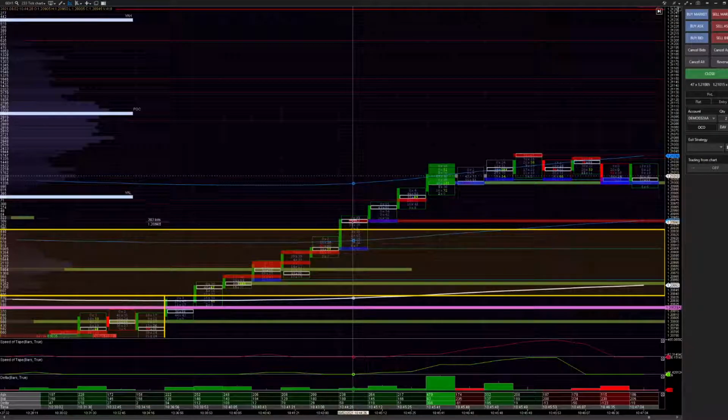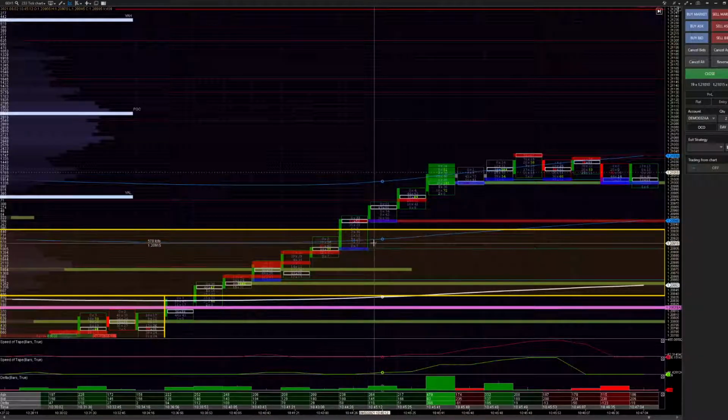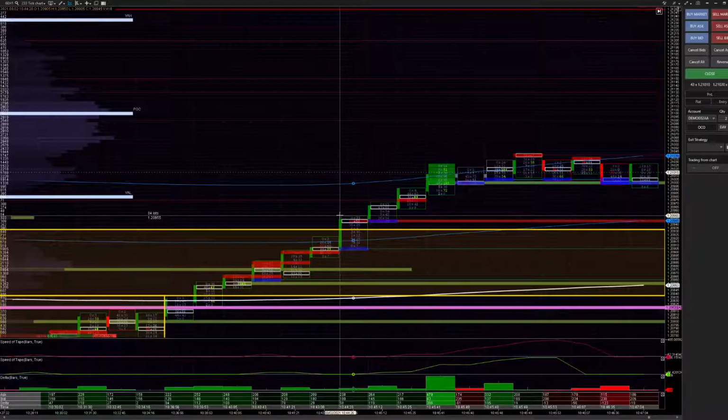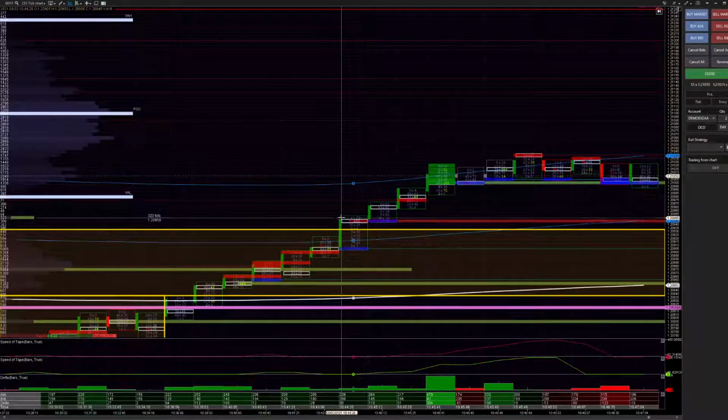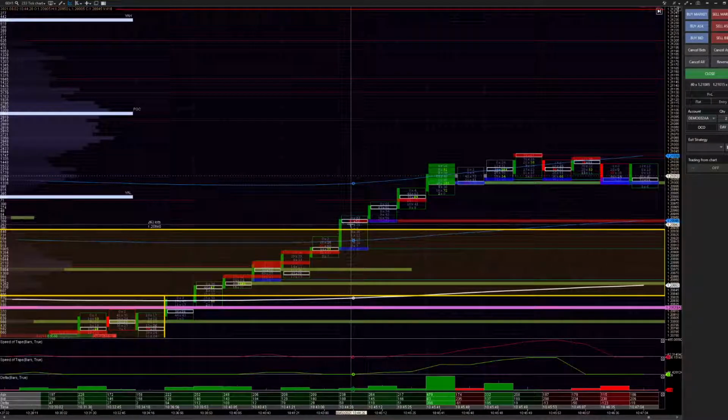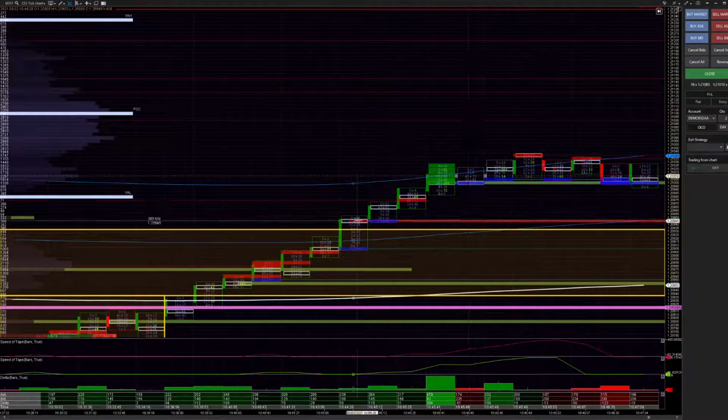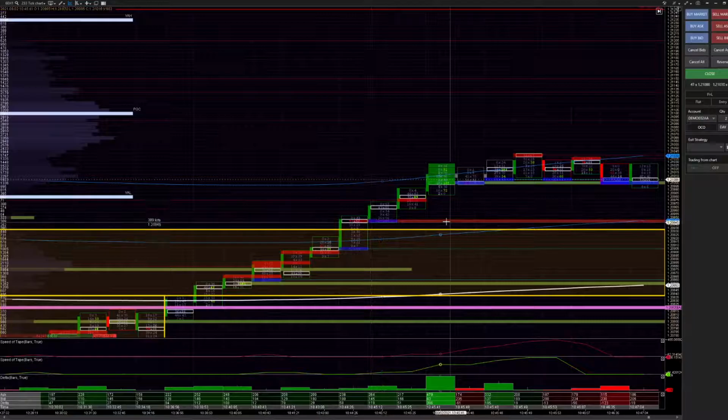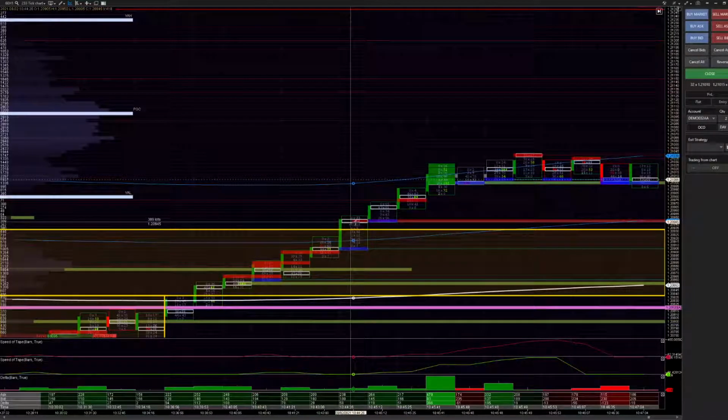This is the candle we're analyzing, this one right here. And there were probably some stop losses hit, and that's why we see a red line here, which means a selling imbalance happened right at this price.